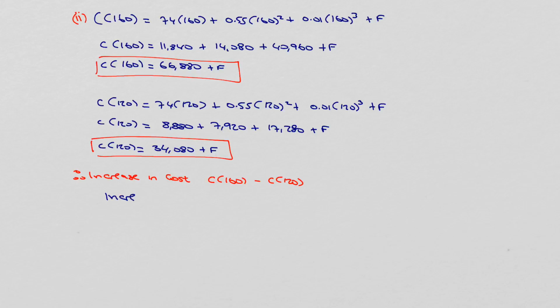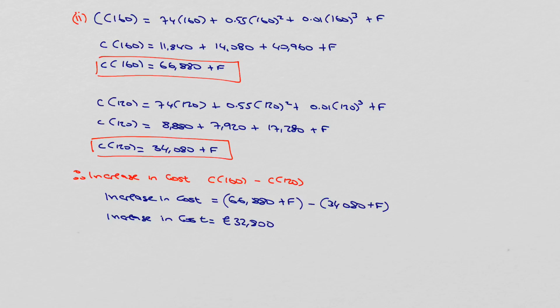So, in other words, our increase in cost will be 66,880 plus F minus 34,080 plus F. So it doesn't matter what our fixed costs are, they're irrelevant. Same before, same after, so therefore they're going to cancel. And therefore that leaves me with an increase in cost, and this is in euro, of 32,800. Okay, so we were getting 5 for our first equation and 5 for our increase in costs.